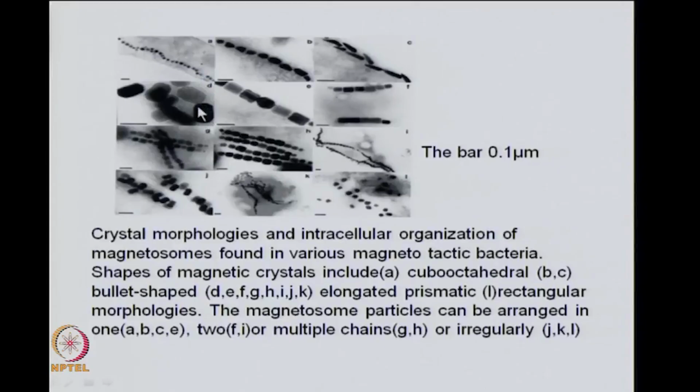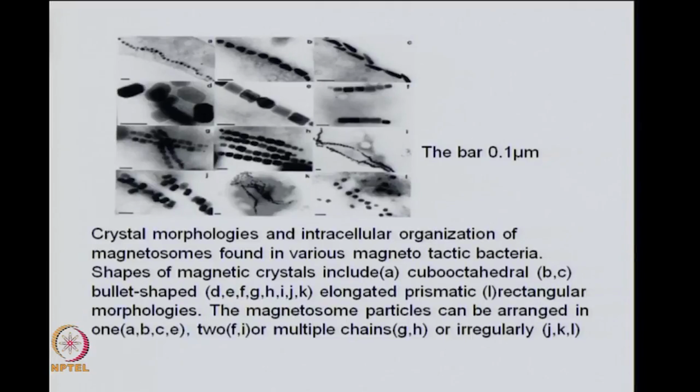They can be a little bit hexagonal like here, or they can be cuboids, and the most important thing is that most of the time they will be aligned in a certain manner, and this alignment is important for the bacteria to navigate in the sea based on the Earth's magnetic field.